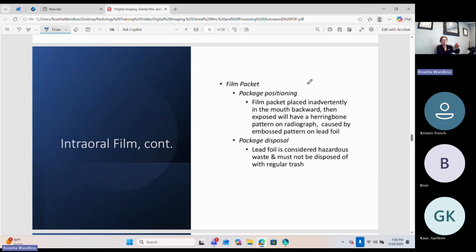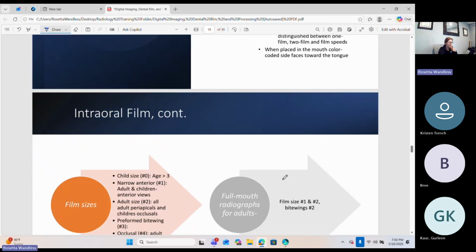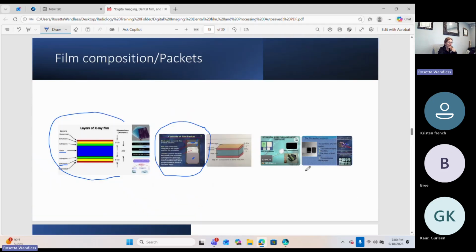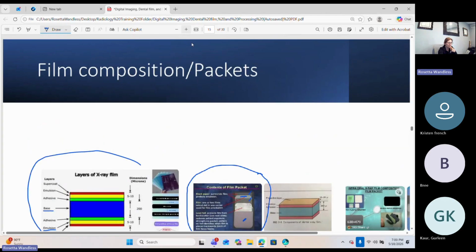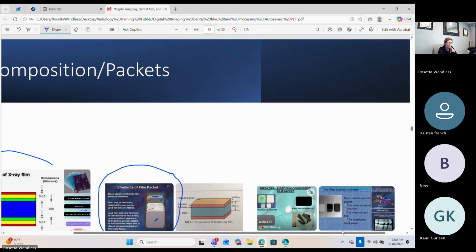If I were to have this film package reversed, where my lead foil was directly behind my tooth and my film was directly behind the lead foil, we're going to have a problem. I'll still see an image, but I'm going to get an error called a herringbone. What does that mean? Let me see if I have a picture of it.